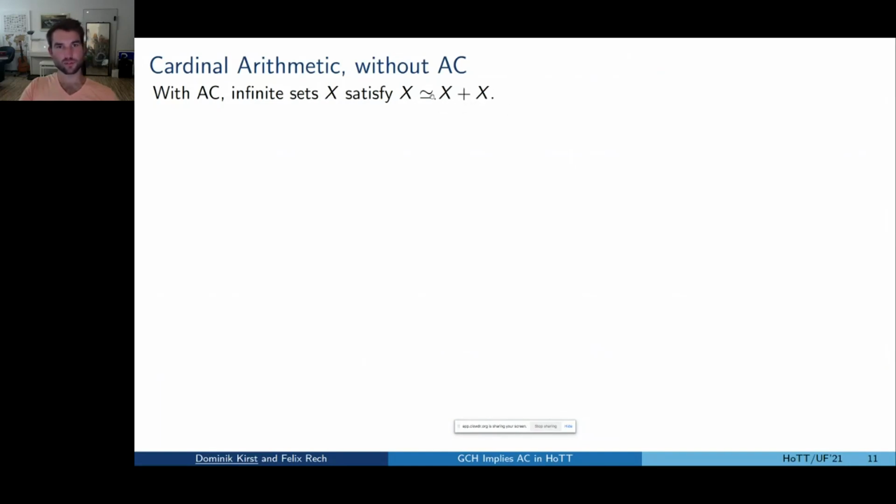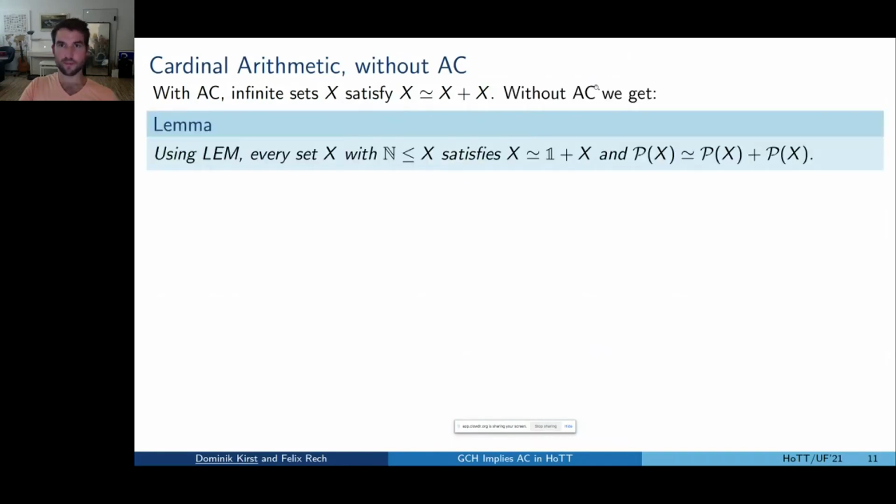And this works using the axiom of choice, and I think it's even equivalent to it. And without the axiom of choice, you get something slightly weaker. So then, and also using classical logic, you get that every infinite set, so a set with an embedding of the natural numbers, satisfies that if you double its power set, then this is not larger than the power set itself.